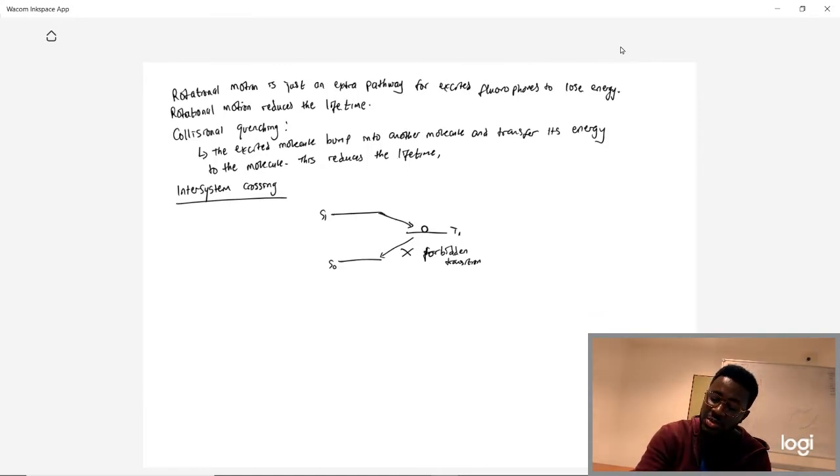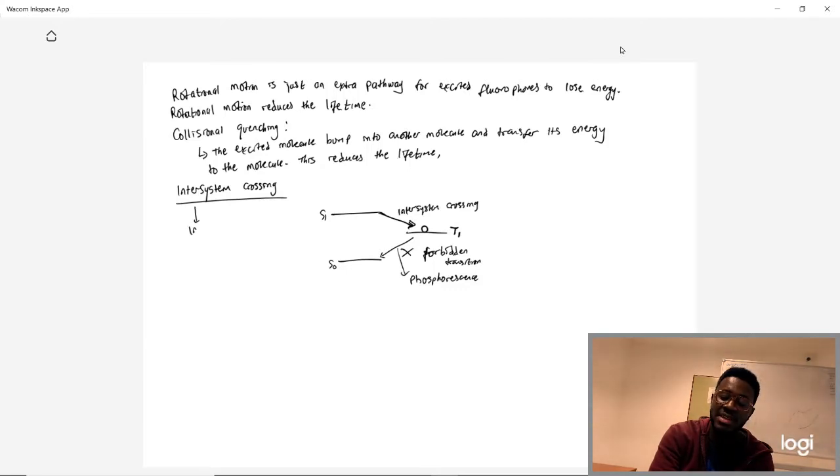So the S1 to T1 transition is the intersystem crossing. What is this one called? Phosphorescence. You understand, right?